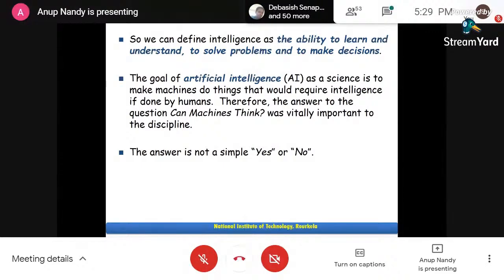If you can transfer that to a machine and make it do the same things, then obviously the problems will be solved.